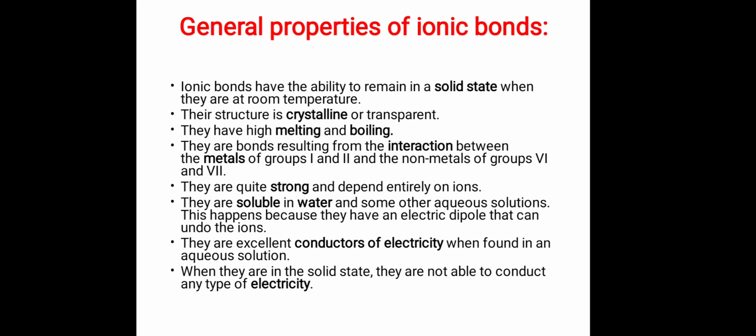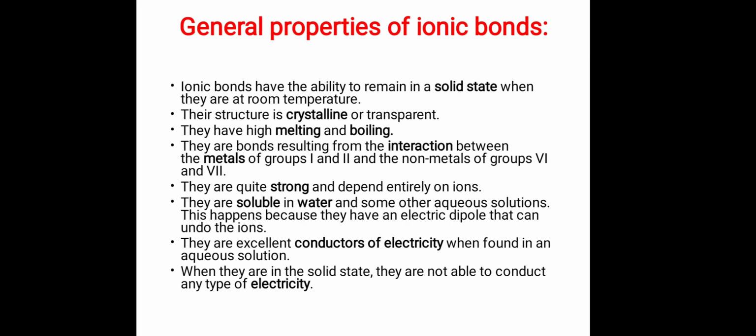Some general properties of ionic bonds. Ionic compounds remain in a solid state at room temperature. Their structure is crystalline. They have high melting and boiling points. They result from the interactions between metals of groups 1 and 2 and non-metals of groups 6 and 7.